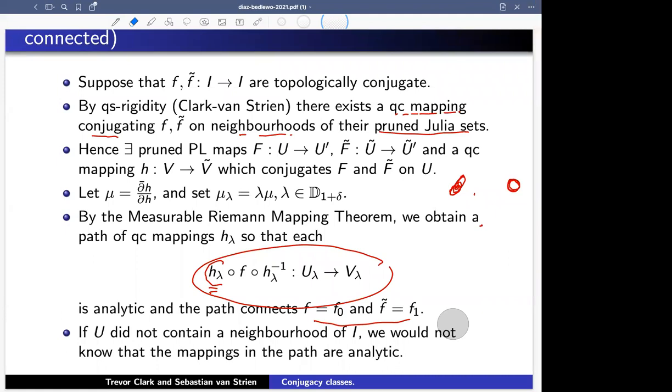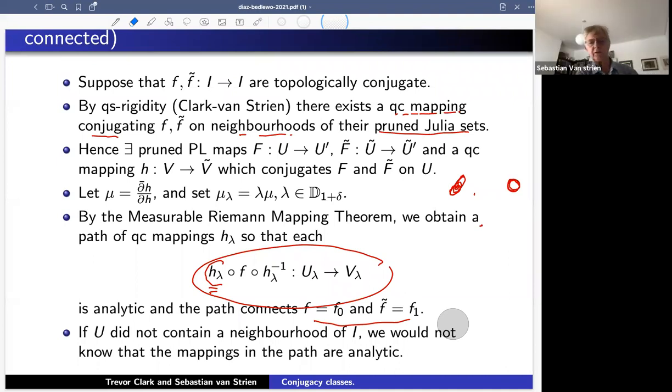Sebastian, is there some relation between the polynomials and how they approximate? If you have one of these real analytic things that's transcendental, and you truncate to a large degree, is there a relationship between such polynomial conjugacies and the big one, or are the transcendentals really very different? Well, near the real line, near this dynamical interval I, they would be very, very similar. Suppose you took a quadratic map and a transcendental map, or even just a real analytic map defined on some unspecified neighborhood of your interval.